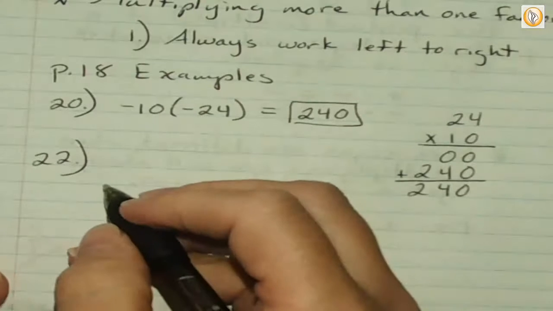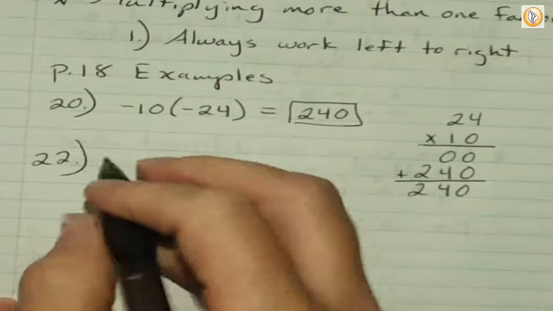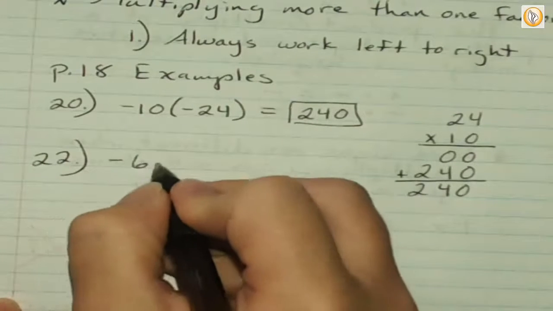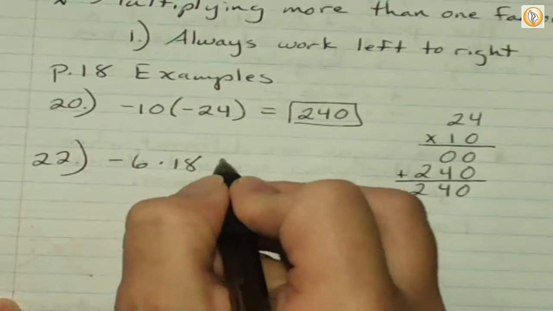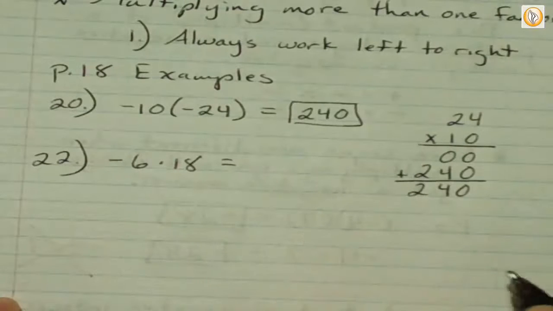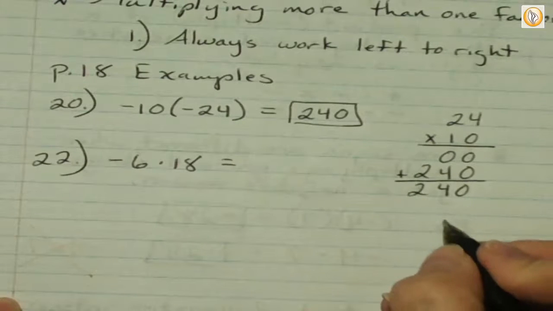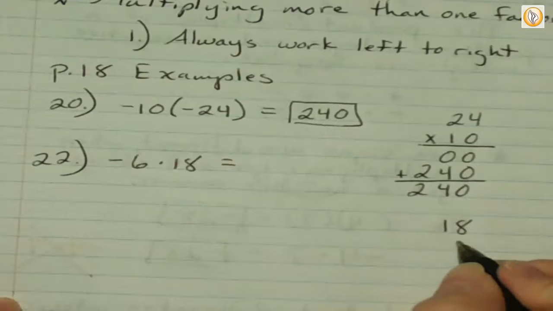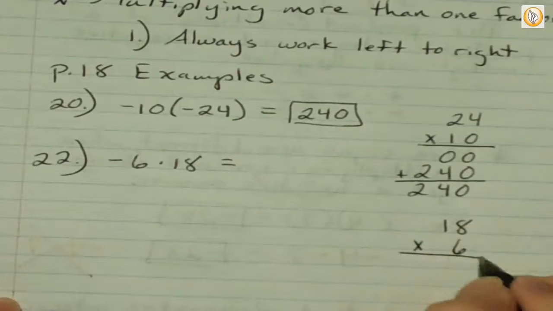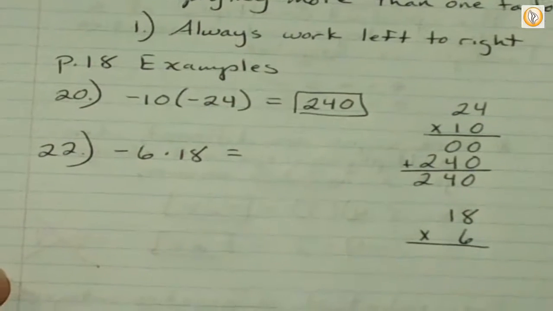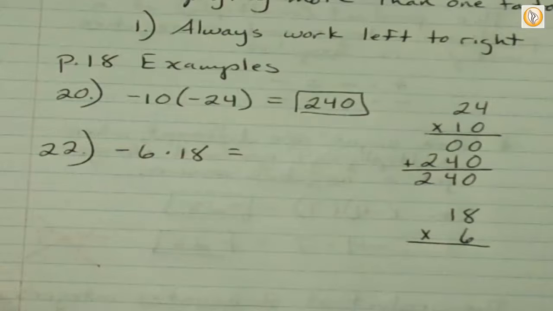Okay, I'm doing that with, I think, 6th grade today. Negative 6 times 18. Tanner, off to the side, you can do your math and then you tell me the answer.